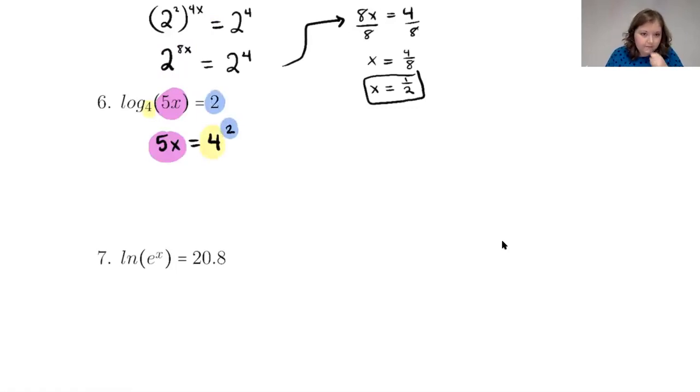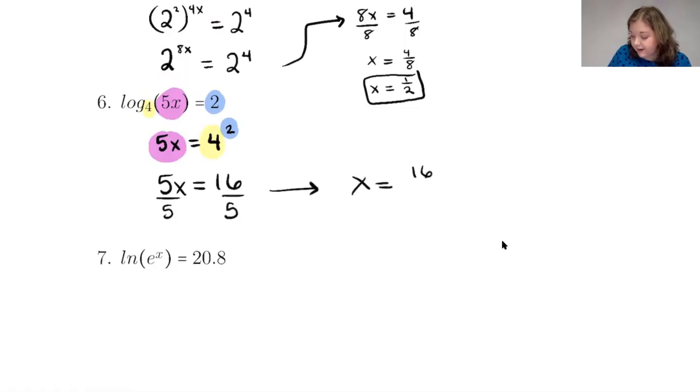And then we can try and solve it from here. So 4 squared is 4 times 4, which is 16. So we end up with 5x equals 16. And then we divide by 5. And we get x equals 16 over 5.